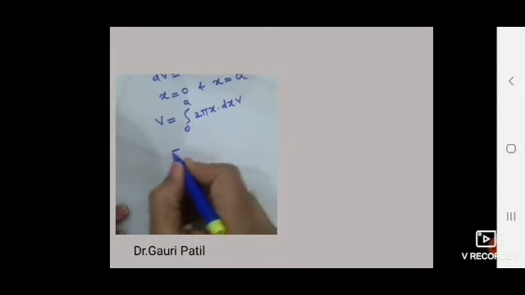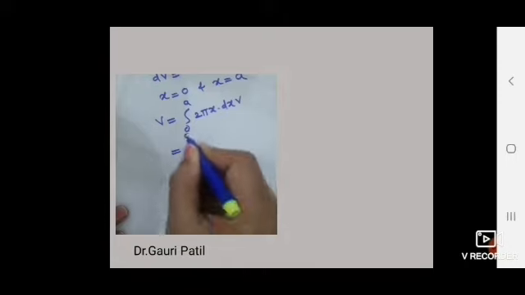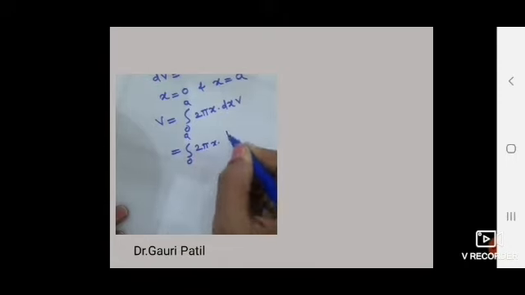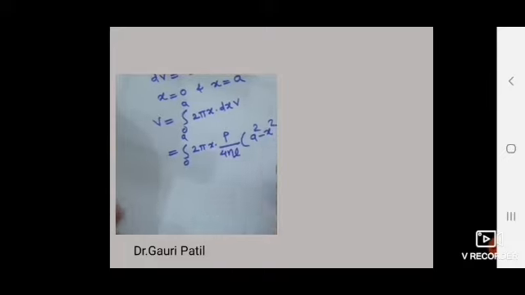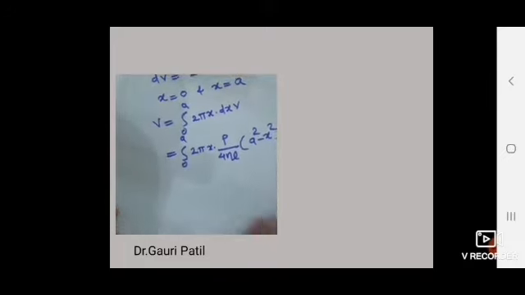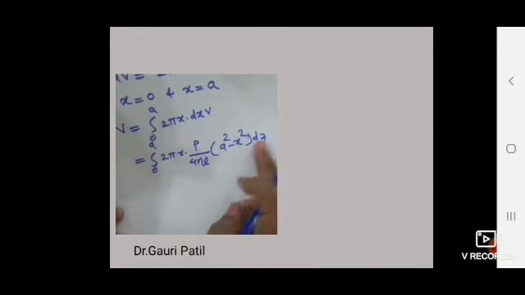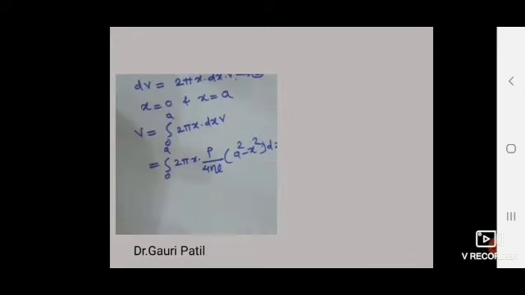So we get the integral from 0 to a of 2 pi x into v, where we know the value of v is p upon 4 eta l into a square minus x square, into dx. This is the value of v.